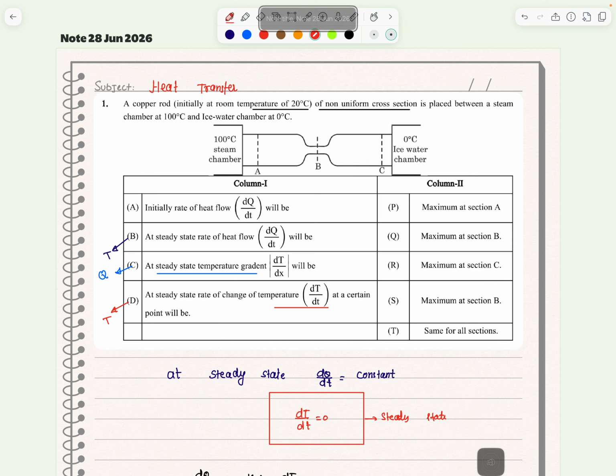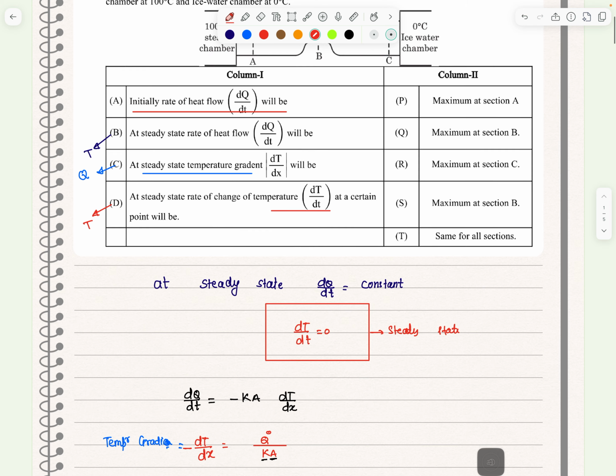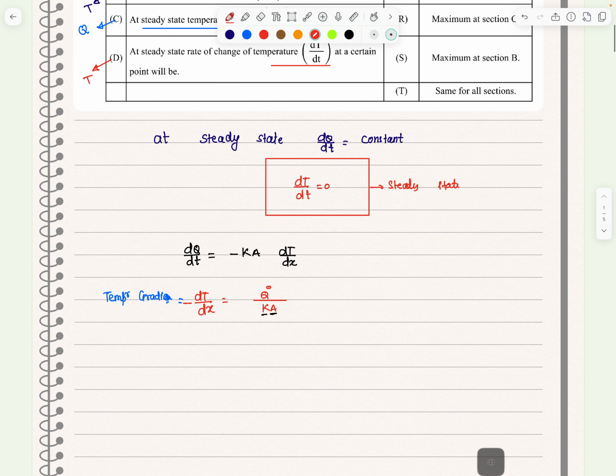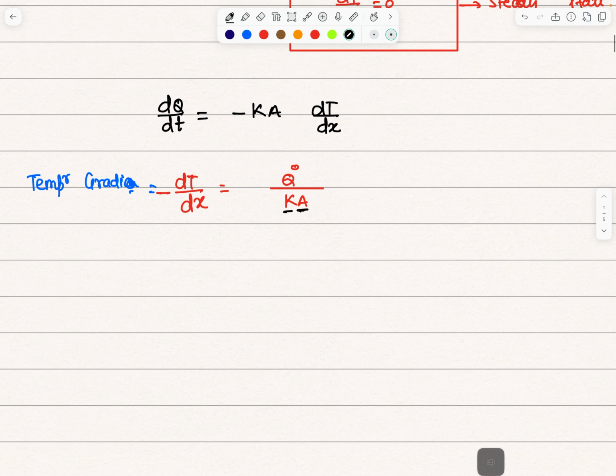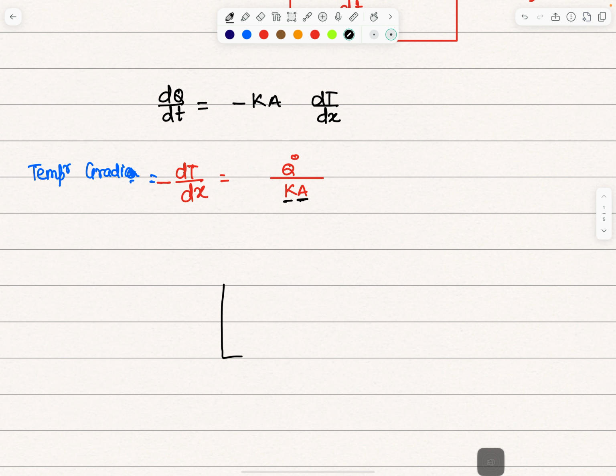Now the first option: initial rate of heat transfer. These are important questions. That means they are trying to say do the unsteady state heat analysis. Let me give a basic introduction. Let's say there is a small section. The heat is coming in as Q dot in, and this is Q dot out.